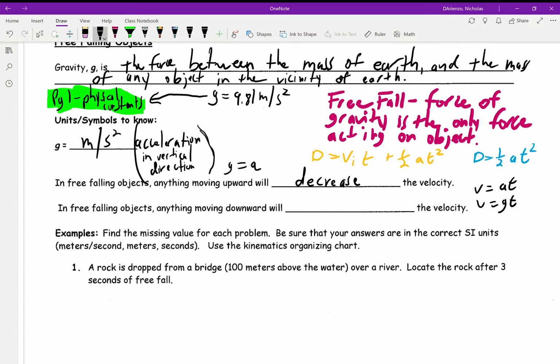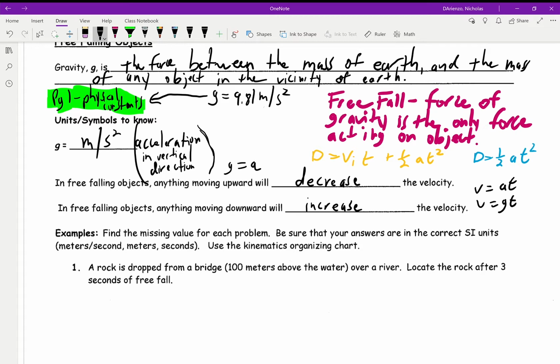So moving in the opposite direction of our acceleration, the object's velocity is going to decrease. Again, in free fall, if the object's moving downwards or in the same direction as our acceleration or the force due to gravity, that's going to cause our velocity to increase. So when they're both moving in the same direction, our velocity will increase. When they're moving in opposite directions, our velocity will decrease.